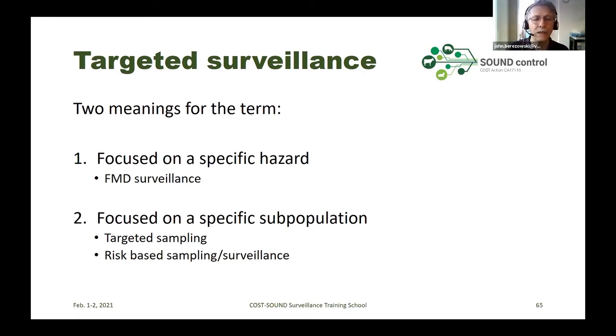The other is it focuses on a specific subpopulation, so this would be the same as risk-based sampling, where we target some subpopulation where we think we're most likely to find the hazard or best able to measure the risk from the hazard, and we focus our surveillance resources and our sampling resources on that subpopulation.